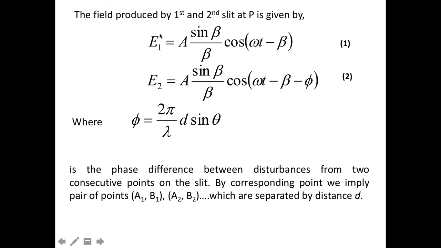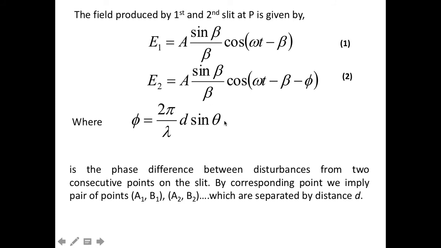So from the first slit, field is E1 equals A sine beta upon beta cos omega t minus beta. The field produced due to second slit is E2 equals A sine beta upon beta cos omega t minus beta minus phi. Phi is the phase difference and the value is 2 pi upon lambda into path difference d sine theta.